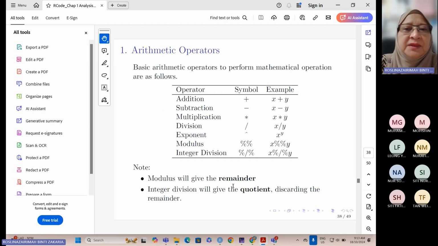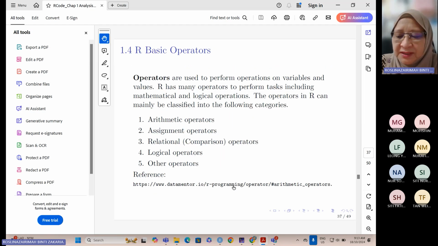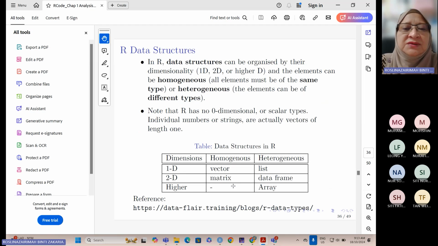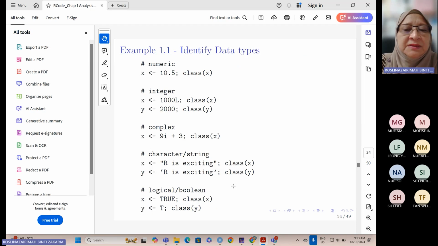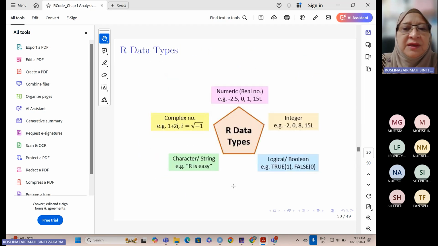In R, we have basic operators. If you remember for the data types, we have different types of data classified in R. Numeric, real number, that means when you have decimal, and actually integer is also part of numeric, it is a subset of it.